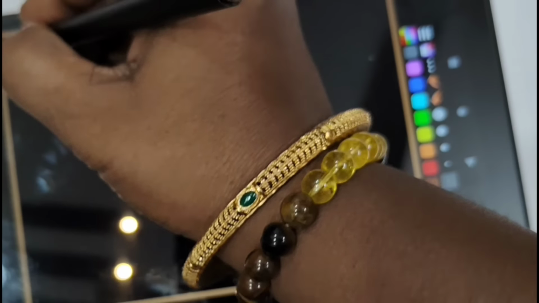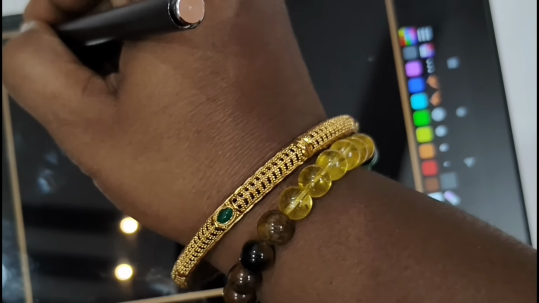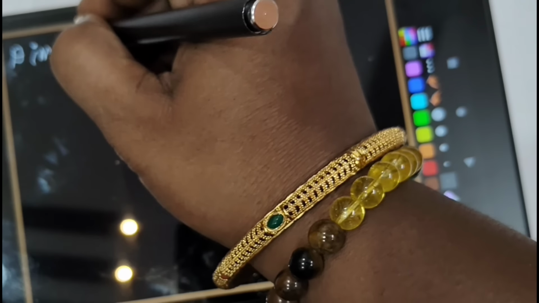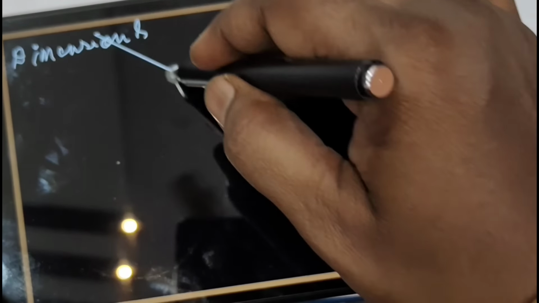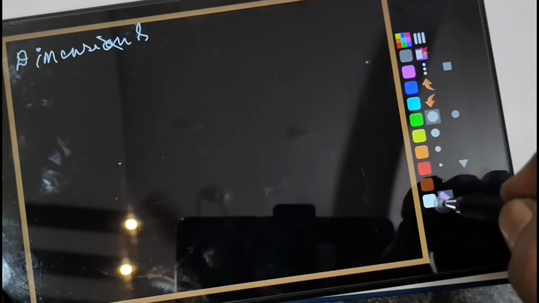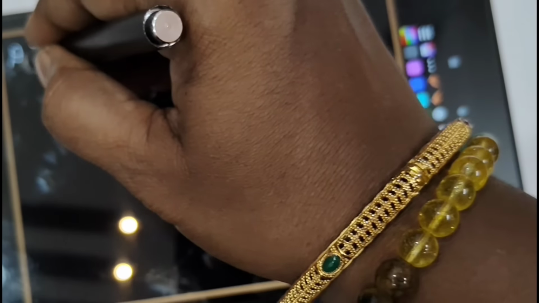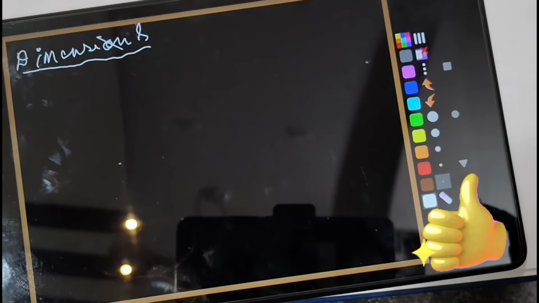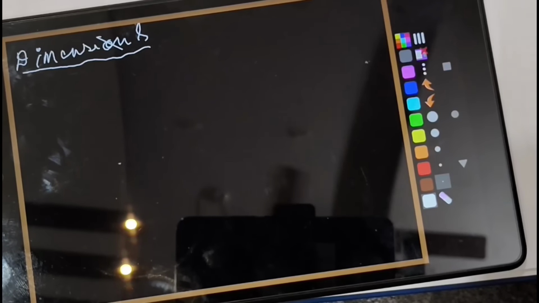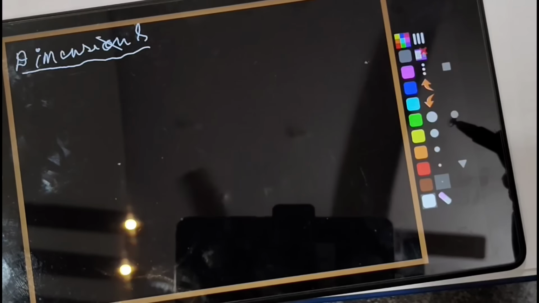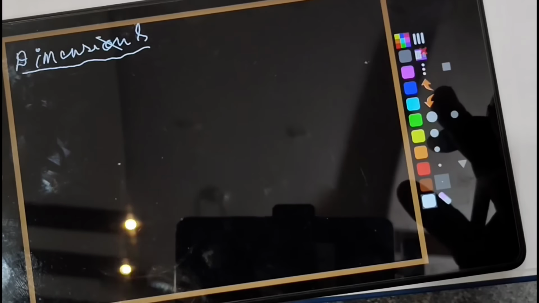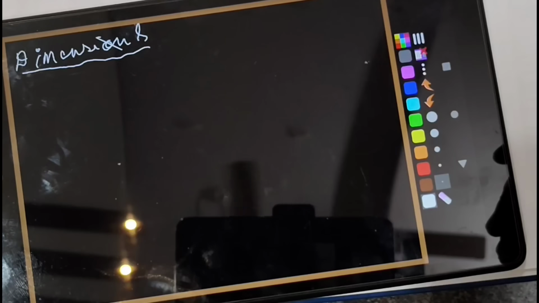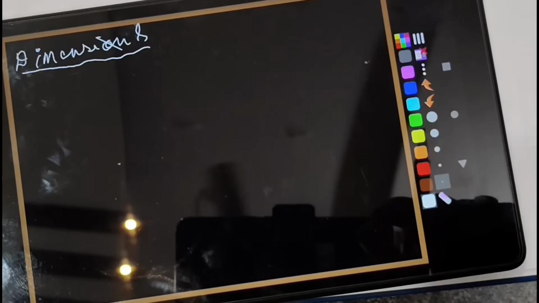Dimensions are nothing but, as we have done the base quantities and base units, those units we have to write within brackets. Sometimes we use the units and sometimes we give the notations of the physical quantities themselves.